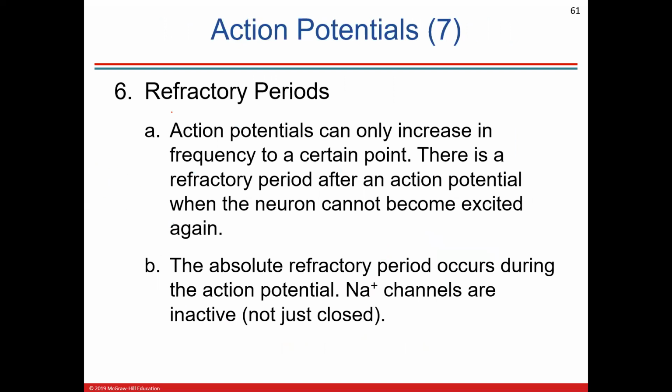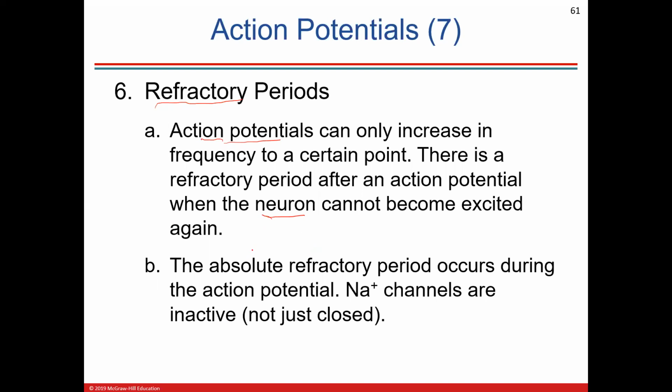Now refractory, hopefully I introduced that, because this is a complicated point. Action potentials can go on one at a time, right? And when you have refractory, that neuron, or that membrane of the neuron, should say, cannot become excited again. It's not possible to have more depolarization.